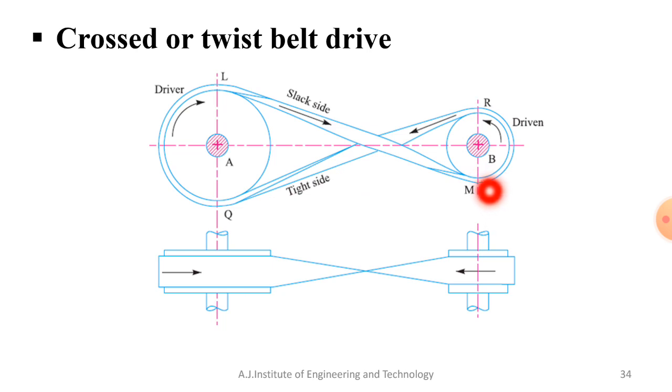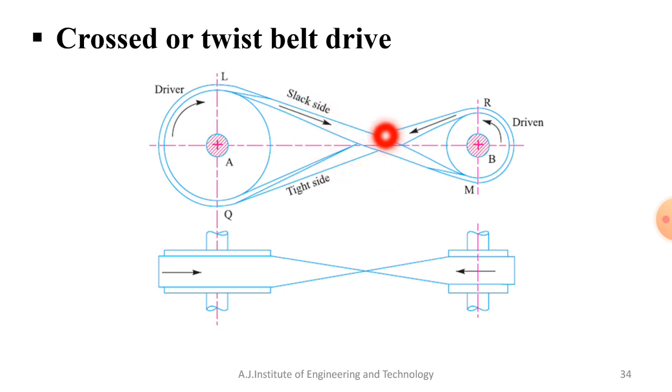The second difference is the crossing, because in open belt drive there is no crossing of the belt, but in cross belt drive the belt always crosses itself. It means that there will be a rubbing action between the belt, which is very dangerous. Because of this there will be wear and tear.